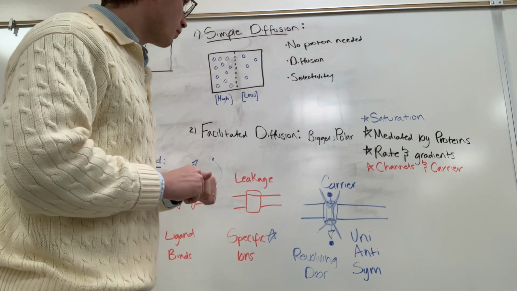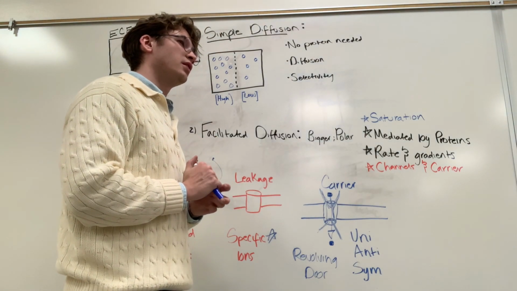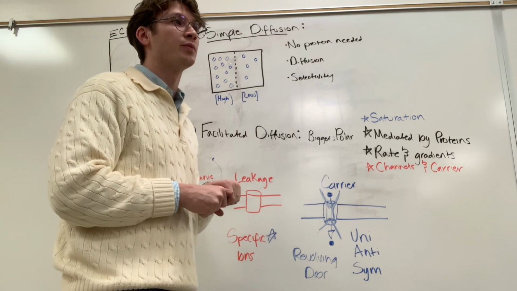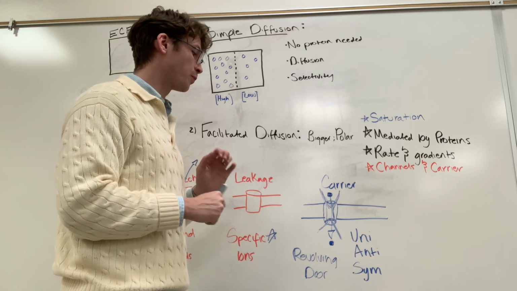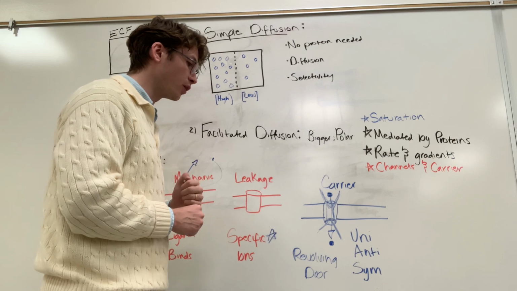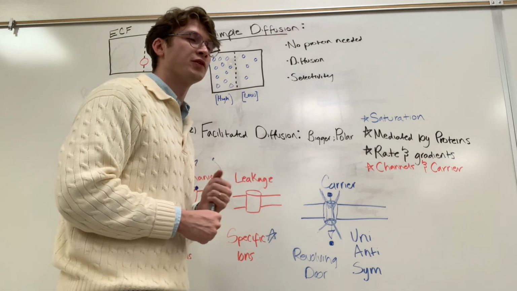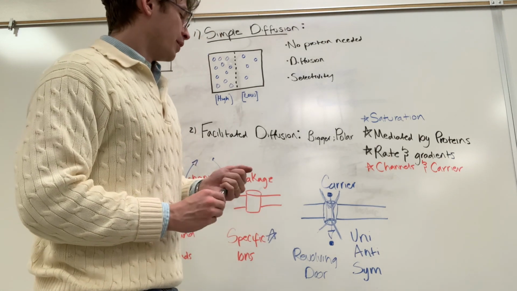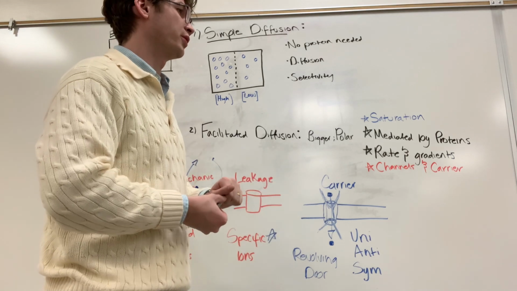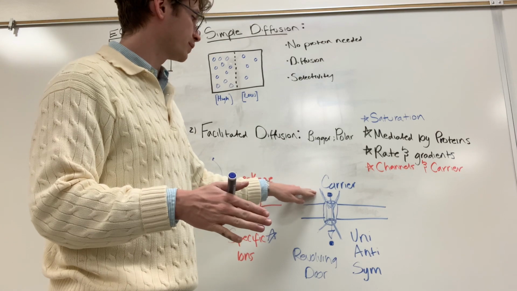And the idea of gradients is very important to remember because the concentration gradient of ions will always want to flow from high to low. We'll learn later that there's something called an electrical gradient as well, and those have to fight back and forth depending on what is most important. But all you need to know is protein carrier mediated transport depends upon a protein, only open or closed at once.